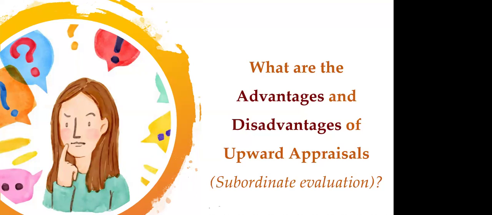Most of the feedback goes from top to down, not from down to up. But when it comes to evaluation from the top, maybe I will contribute further in that regard.